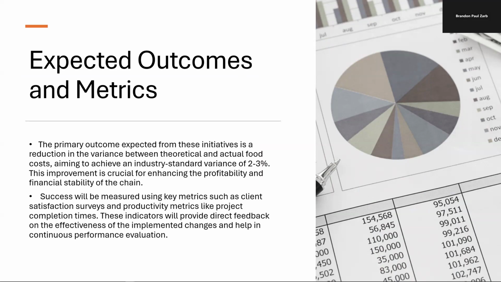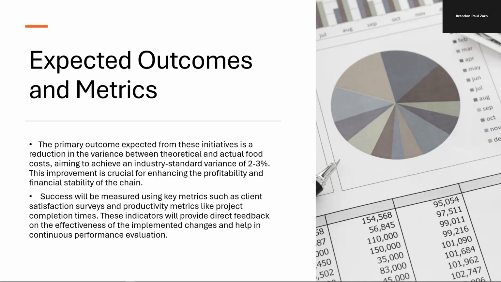So, in large companies, sometimes measuring success is difficult. There's a lot going on. Fortunately for me, in this specific project, this is very easy to measure. Client satisfaction, and I say client in this regard as my consulting client, I don't mean the customer of the restaurant.